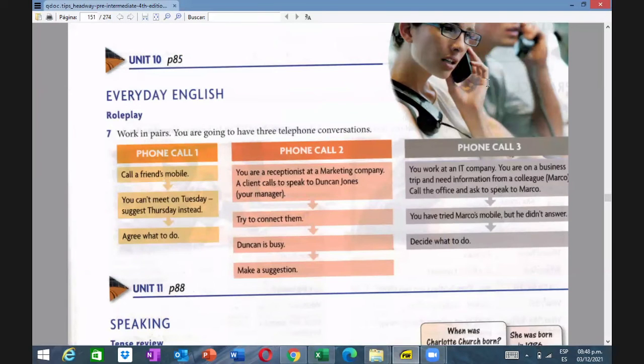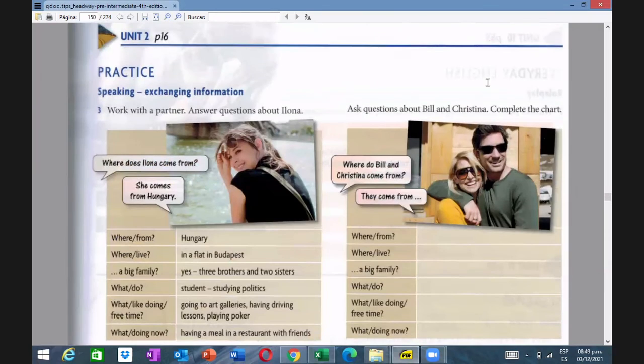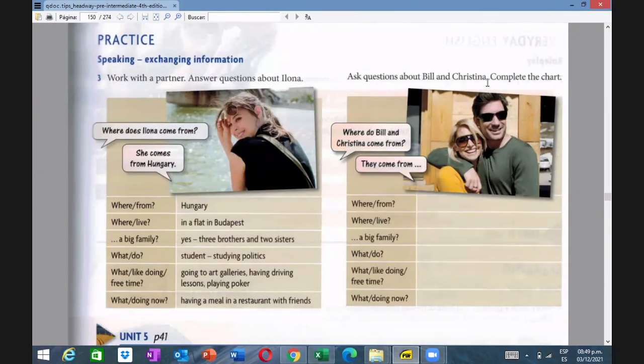Now the same activity. Let's start now with group A. Okay, group A, you have to ask questions because, as you can see here, you have to fill all of these boxes with the information. Please, group A, the first question is, we have two people.